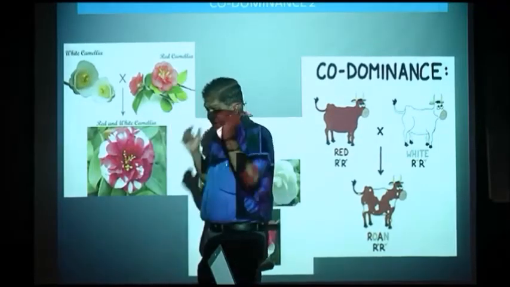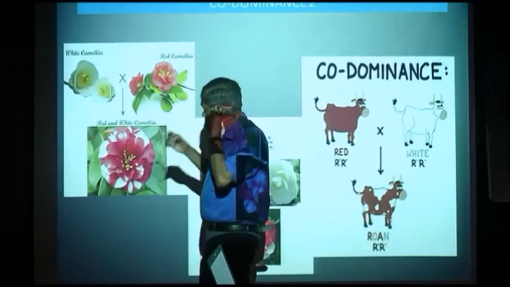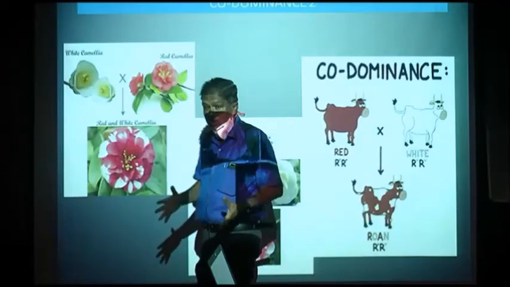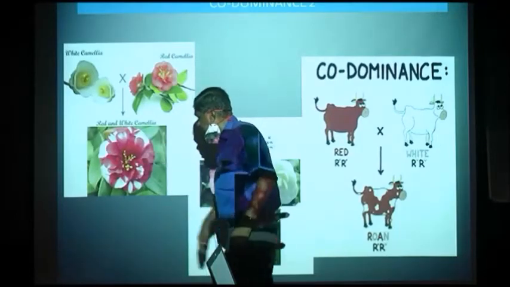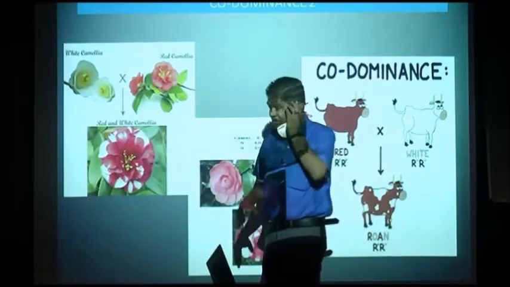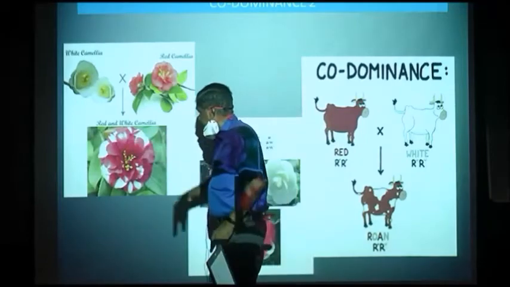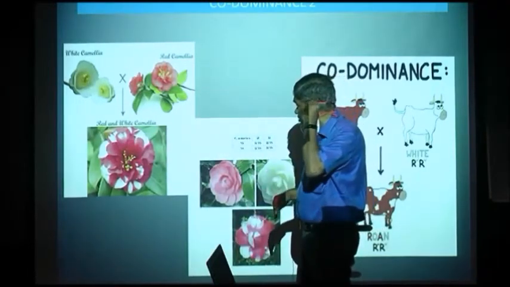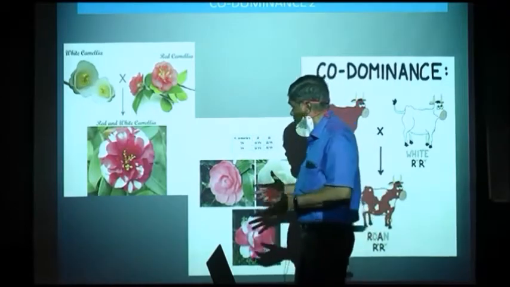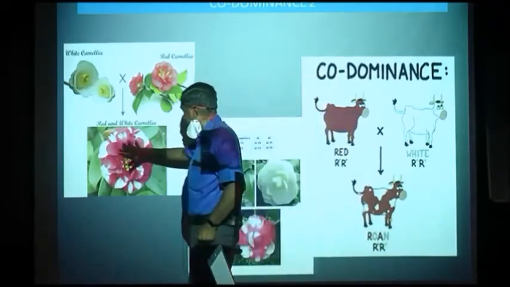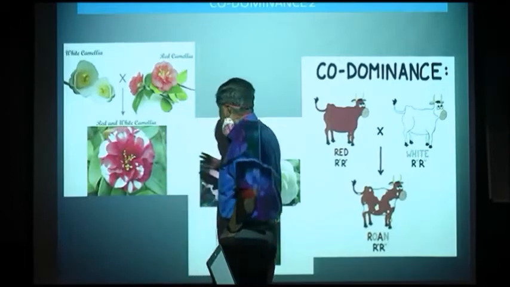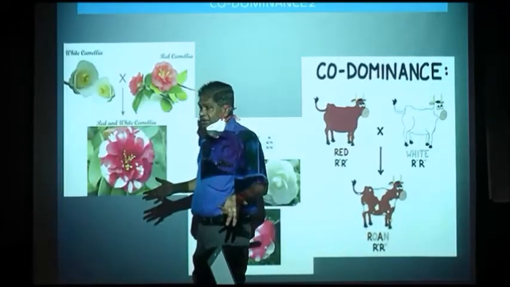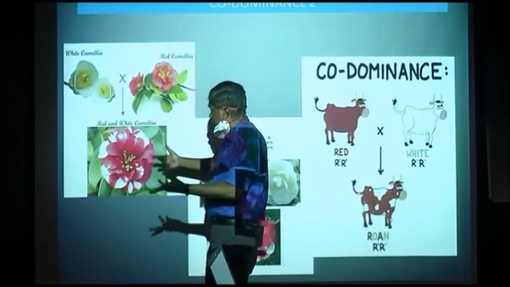But neither are we getting white nor red, and we are also not getting pink. We are getting patches of red and white. That means red is expressed and white is also expressed here. So this is the case of co-dominance. No one is able to dominate the other, so both are expressed.